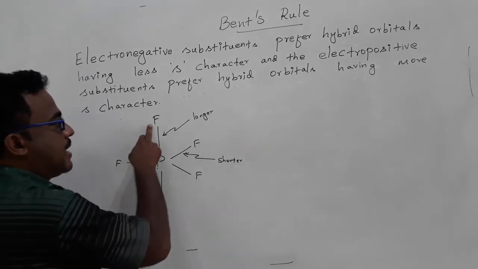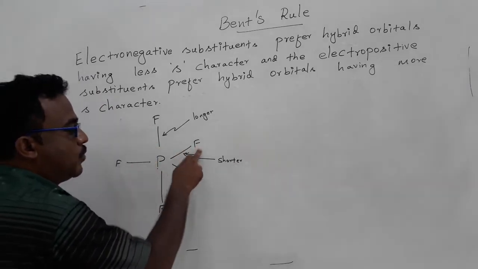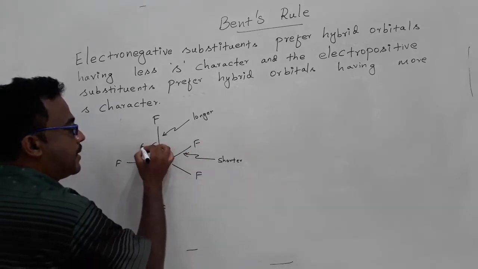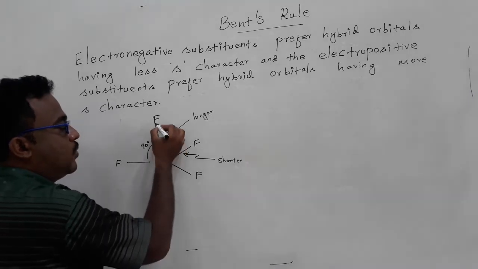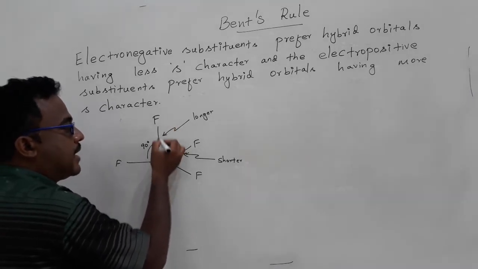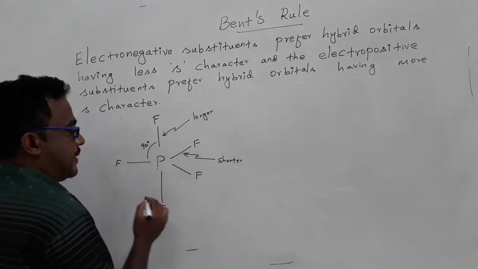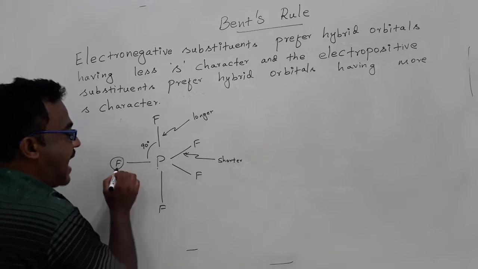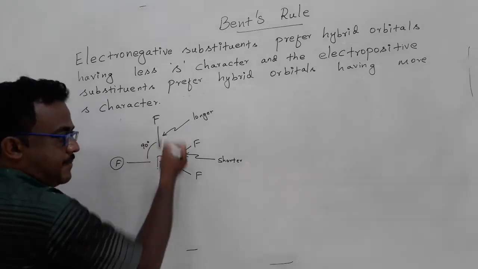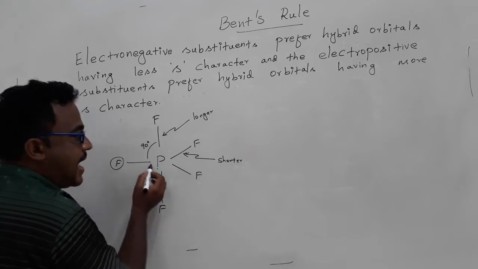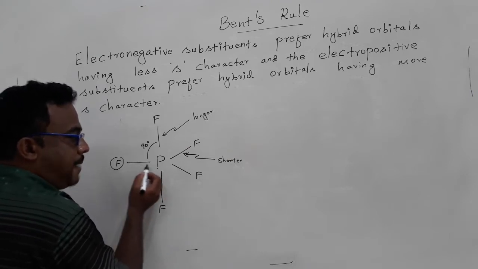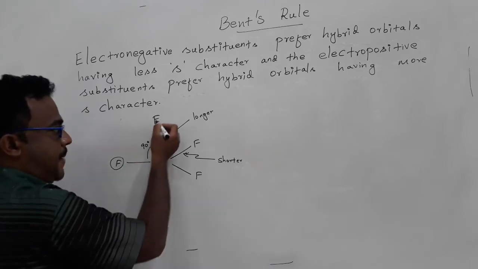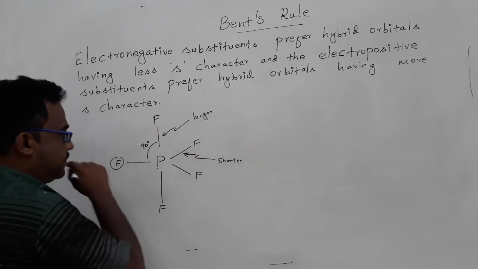This is because this fluorine has three nearby fluorine atoms which can undergo more repulsion. So to overcome the repulsion, this PF bond length is getting longer. At the same time, the equatorial fluorine atoms have only two nearby fluorine atoms, so this can be a stronger bond, a shorter bond length. It does not face so much repulsion compared with these fluorine atoms.